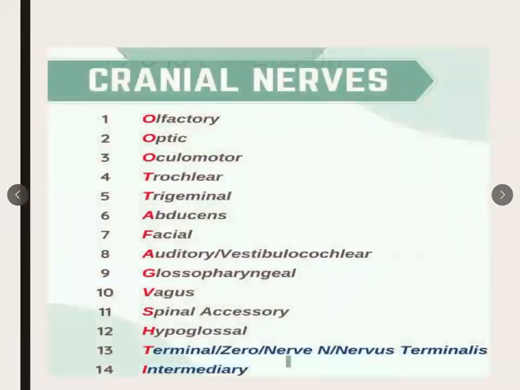This was actually shared on Facebook. So always remember the rule of 2244, and the different functions of the different cranial nerves. As you can see here, they actually added two more: the terminal nerve and the intermediary nerve.